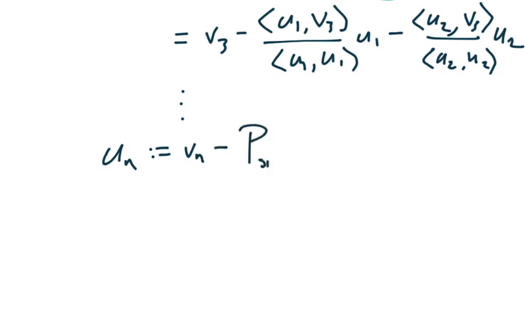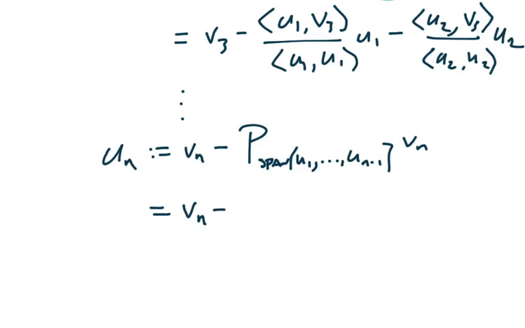the projection onto the span of all of the previous ones of Vn. In other words, this is Vn minus, and this projection onto the span of all these vectors, again, because we made sure that all of the u's, U1 through Un minus 1, are all orthogonal by this procedure that we're doing. This giant projection onto a span of these vectors turns out to be a sum of all of the individual projections.